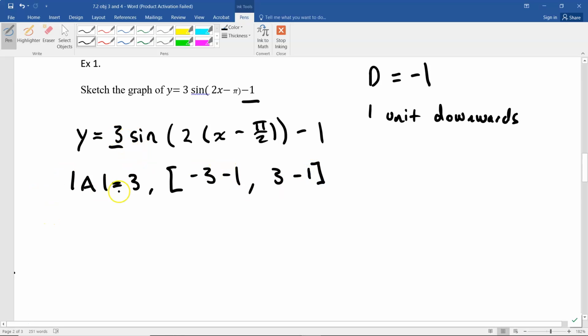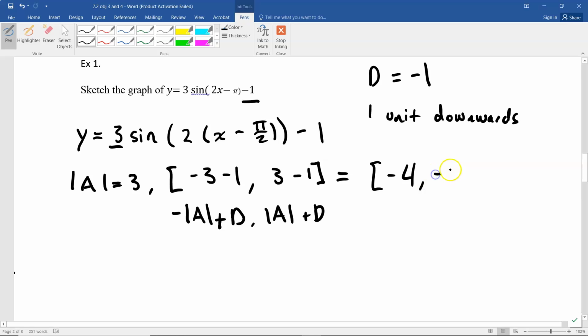So all I did was use the formula that I wrote above, -a plus d, and absolute value a plus d. So just highlight that. And that gives us a range of -4, 2. So our minimum is going to be -4 and our maximum is 2.